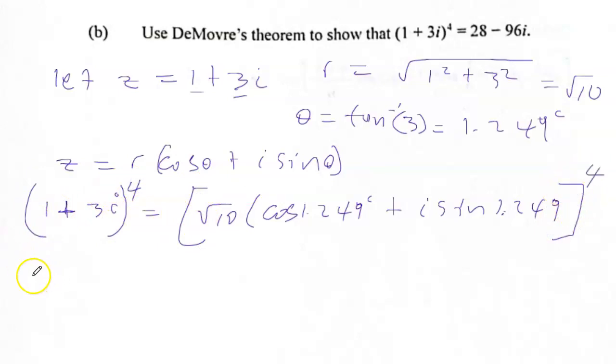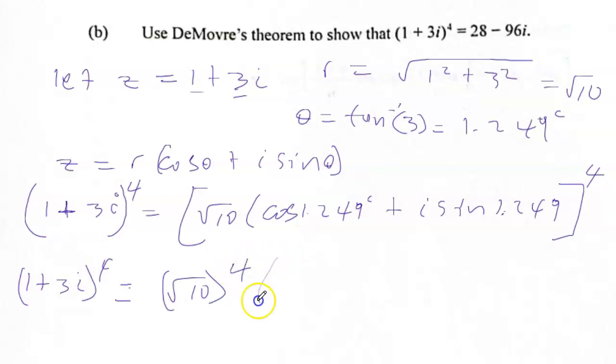So De Moivre's theorem says that for 1 plus 3i to the power of 4, we raise r to the power of n. So we raise root 10 to the power of n, n is 4. And then cos, and we multiply the angle by 4. So r to the n, and 4 times the angle. So 4 times 1.249, that's 5.